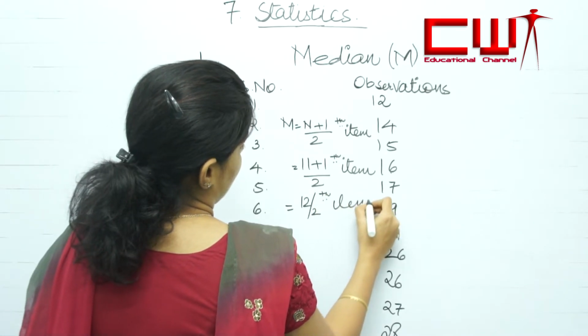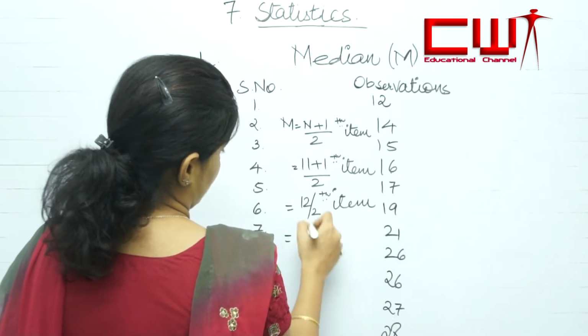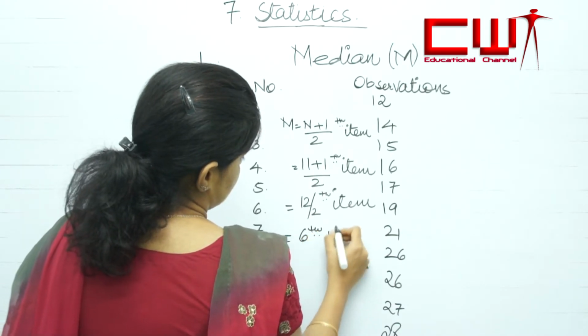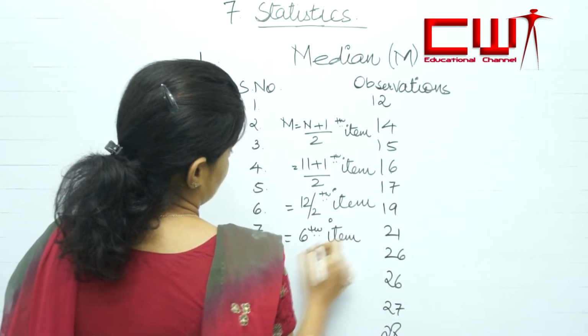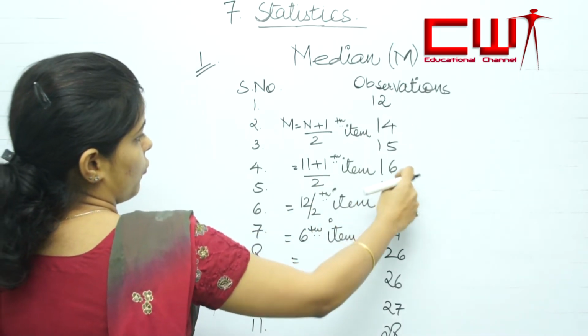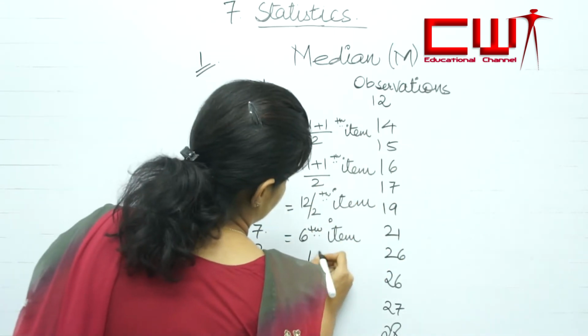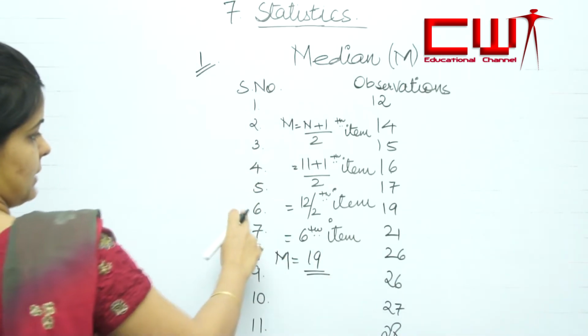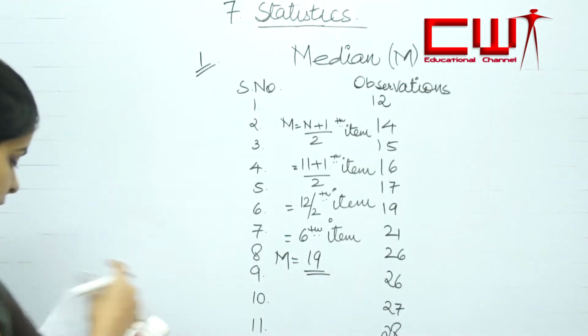Keep on writing item in every step you solve. This is the 6th item. So which is the 6th item? 1, 2, 3, 4, 5, 6. The 6th item is 19. So your median is 19.